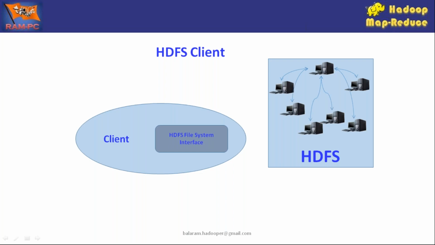What is this Hdfs file system interface? It is a way to communicate with the Hdfs. It is simply a library that connects with Hdfs. So through the Hdfs file system interface, the client can communicate with Hdfs.